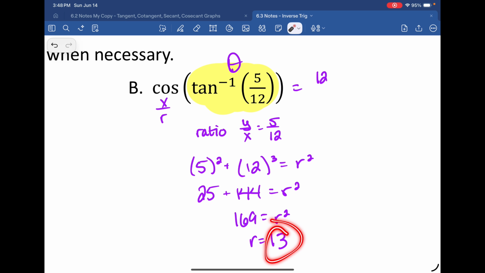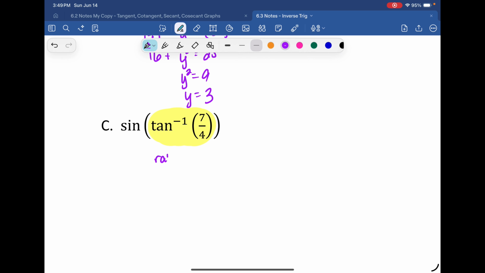Sine of the inverse tangent of 7/4. Okay, so I know this is a ratio, y over x, which means I know the y is 7 and the x is 4. And I want the sine, which is y over radius.